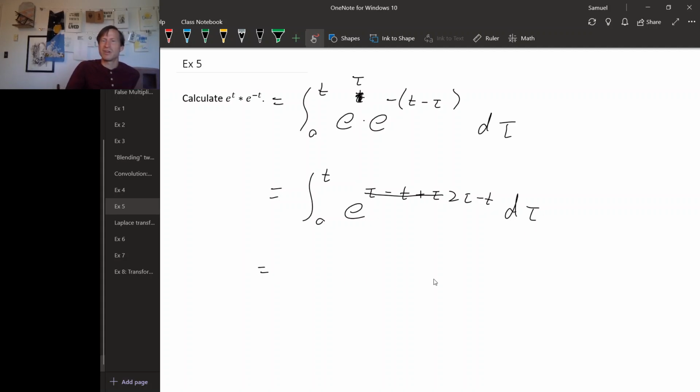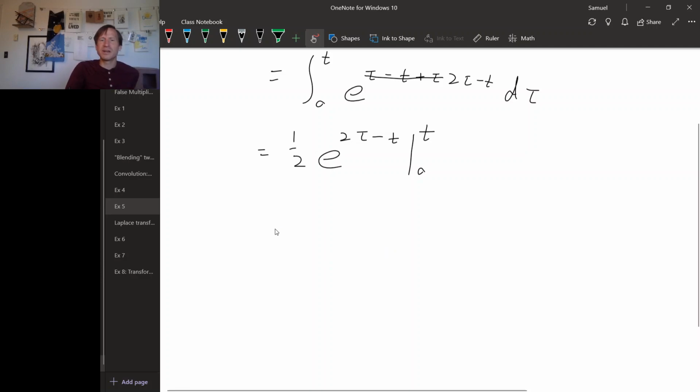And now we can integrate. So we're going to get 1/2 e to the 2 tau minus t from 0 to t. We need this 1/2 because if we take a derivative to get back to our integrand, we have to have 1/2 waiting to cancel the 2 that would come from the chain rule. And then we just plug in our bounds.